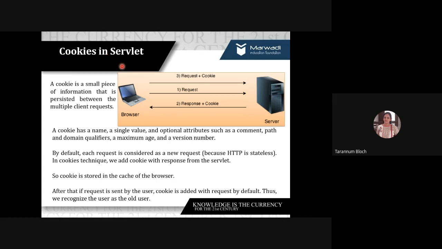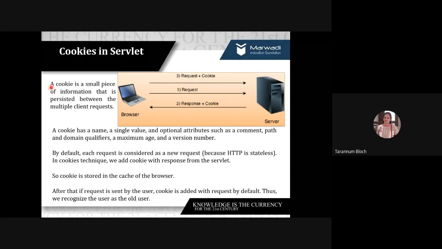So look here. A cookie in servlet, as your friends have said, is a small piece of information that is persistent between multiple client requests. In short, it is stored at the browser, the client's browser.